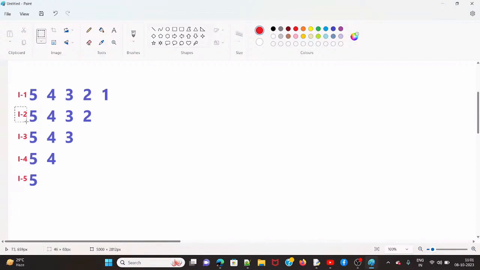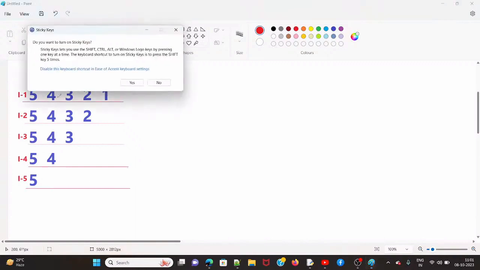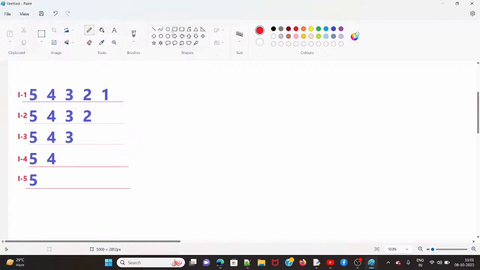These are the I values, guys. When I value 1 means first row, I value 2 means second row, I value 3 means third row, I value 4 means fourth row, I value 5 means fifth row, the number of rows. When I value 1, how many times is j iterating?